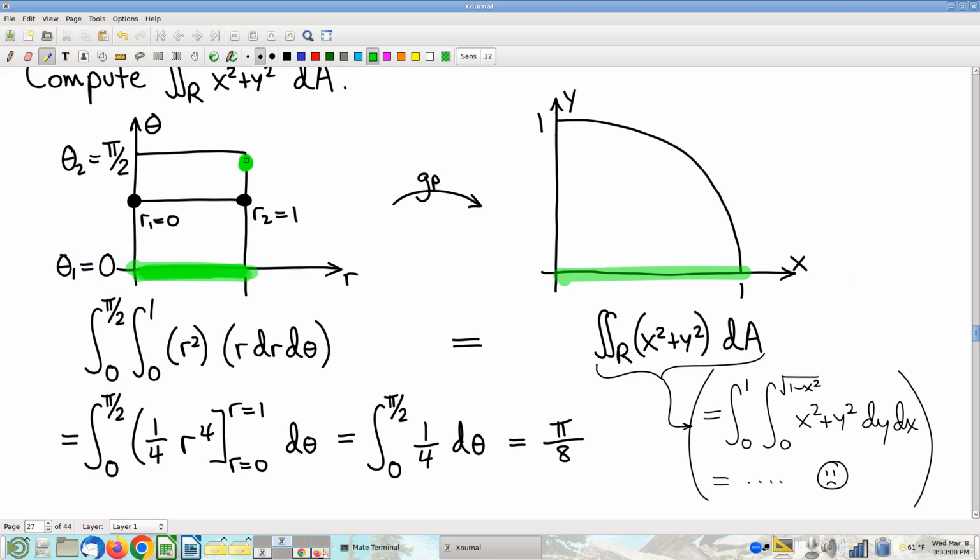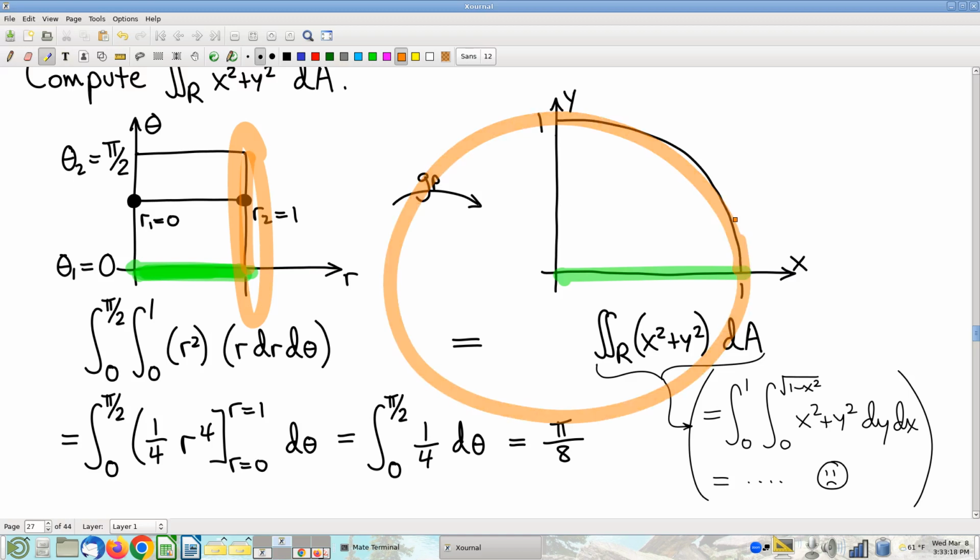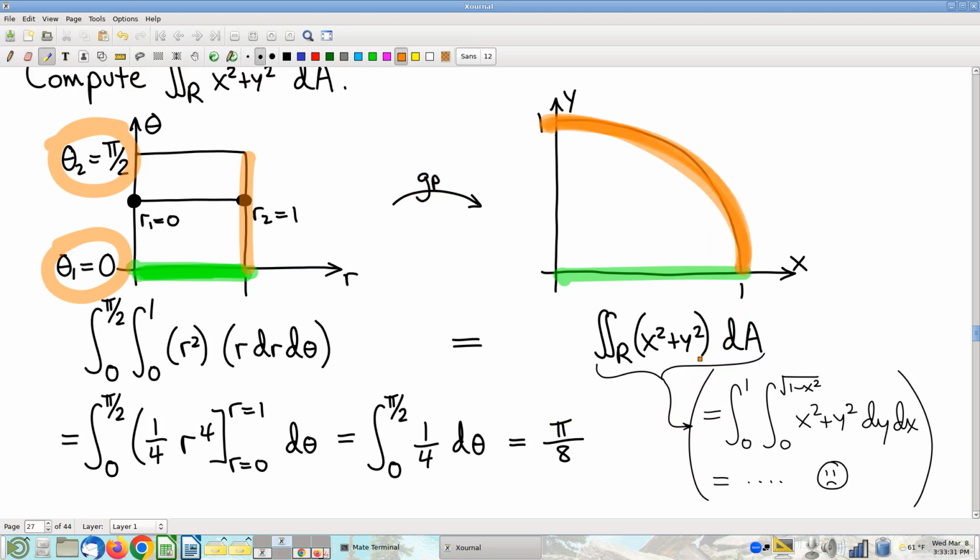Continuing along, let's look at this, color change. Here we go. This edge right there is on the line r equals 1, which is the unit circle. But specifically, this is the line r equals 1 between theta equals 0 and theta equals pi over 2. So specifically, it is this edge right there.